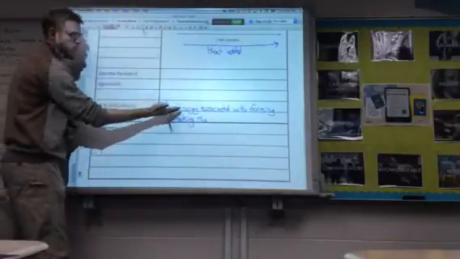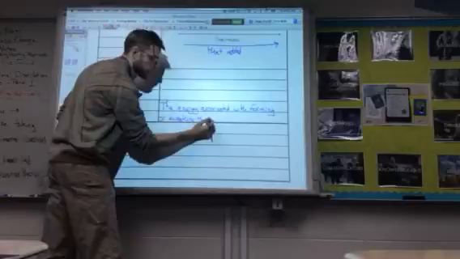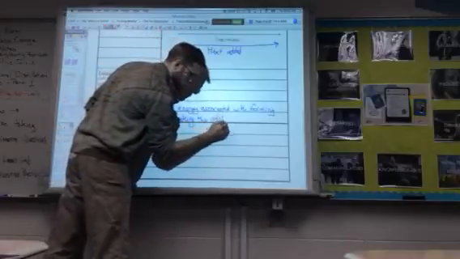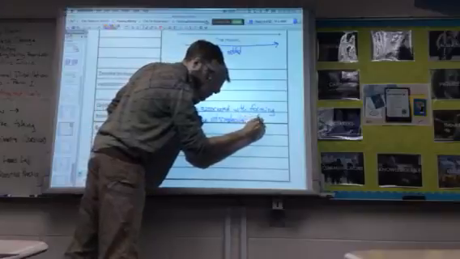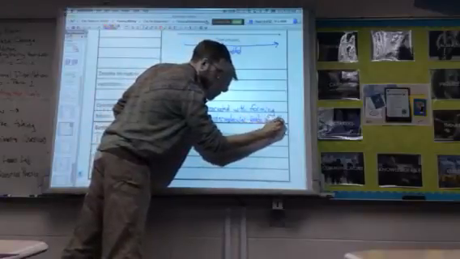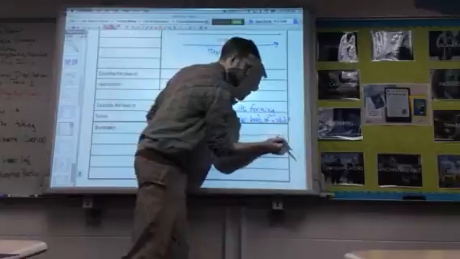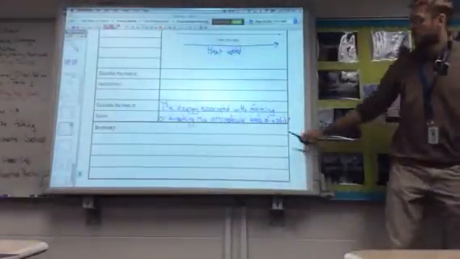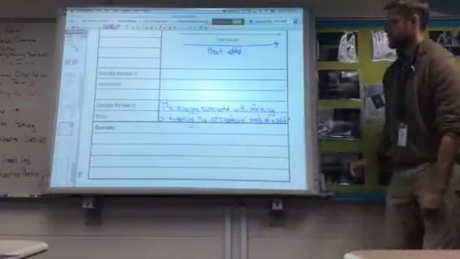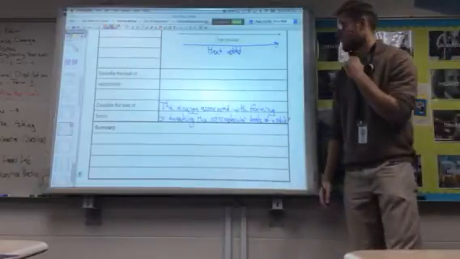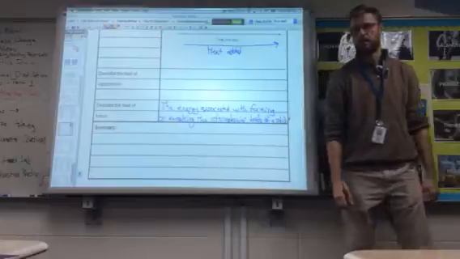The heat of fusion is the energy associated with forming or breaking the, ready for this, intermolecular bonds of a solid. The heat of fusion, it's also called the latent heat of fusion, is the energy associated with forming or breaking the intermolecular bonds of a solid.